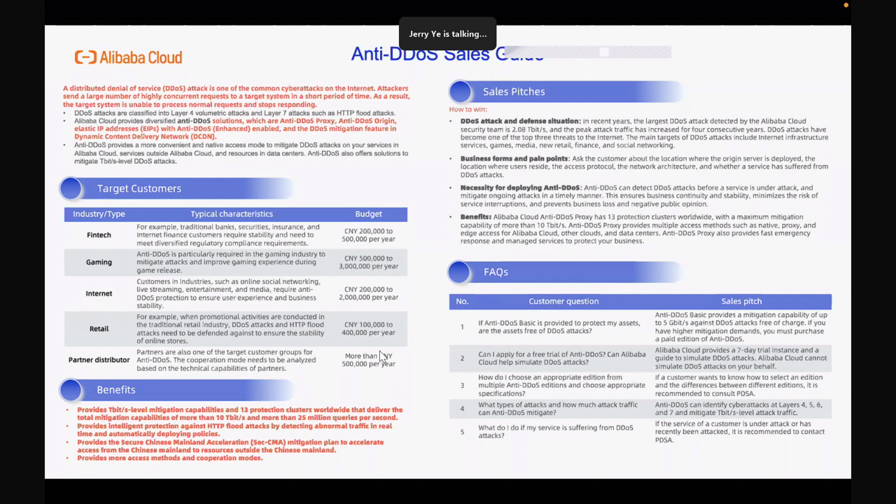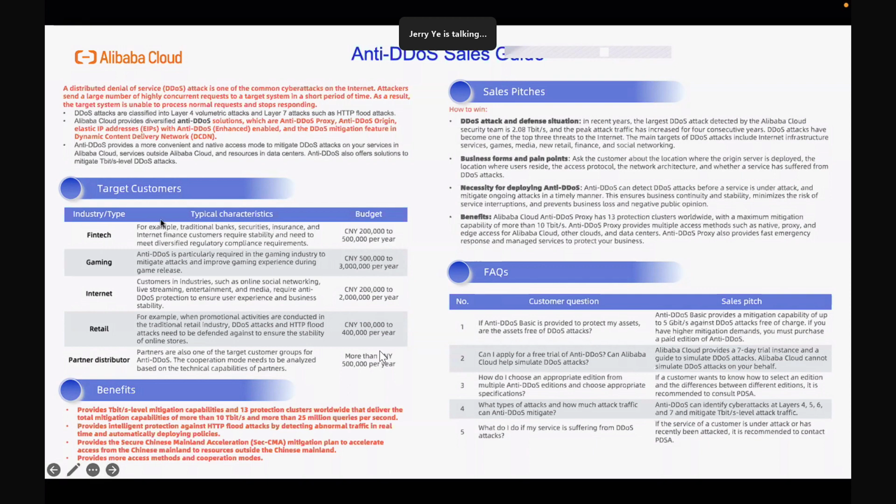But the difference between anti-DDoS proxy and anti-DDoS EIP is that anti-DDoS proxy can provide layer 4 to layer 7 DDoS mitigation capabilities, but anti-DDoS EIP only has layer 4 anti-DDoS capabilities. So you can see the target customers here. The first one is fintech.